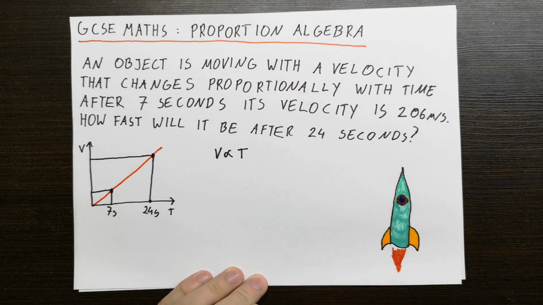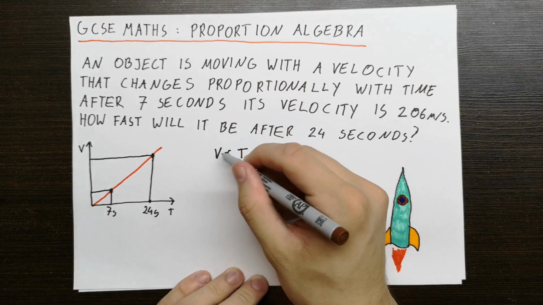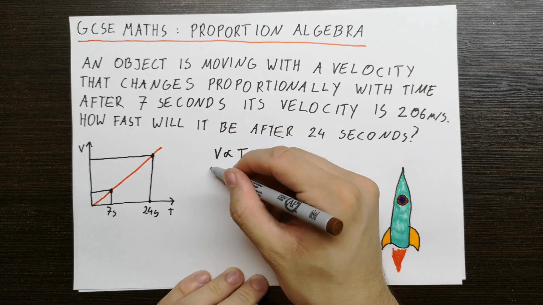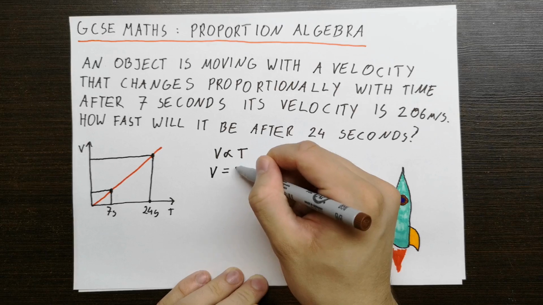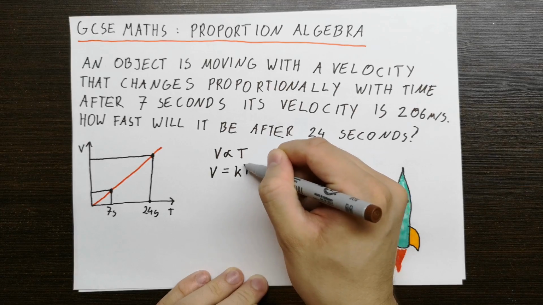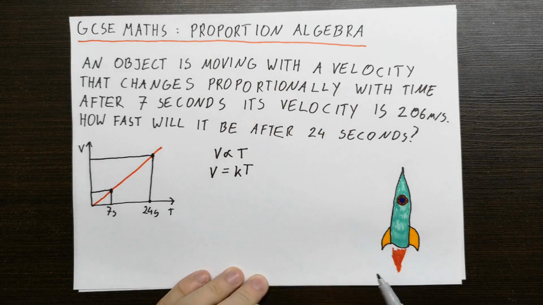The second thing that you will always do when it comes to proportion algebra is to change that proportionality into a proper equation. We will do that by adding a constant k, as previously discussed. So the equation will be v is equal to k multiplied by t. And that's the proper equation that we are going to use to solve this.